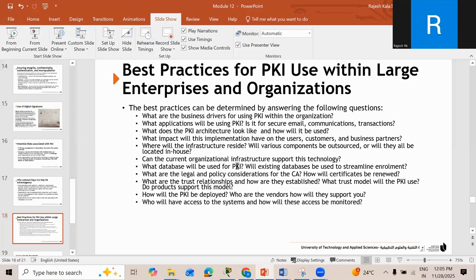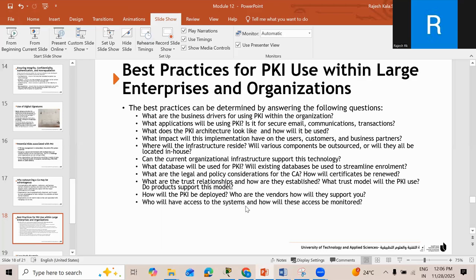Can the current organization infrastructure support the technology? Maybe the company is using some older technology, and whether that technology or infrastructure will support the PKI or not. What database do we have to use for PKI? Whether you need a separate database for storing the keys and everything, or a new database or not.